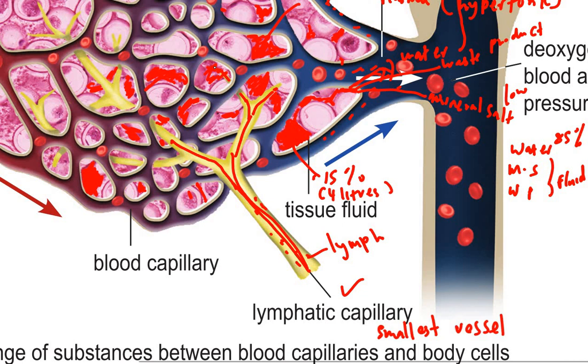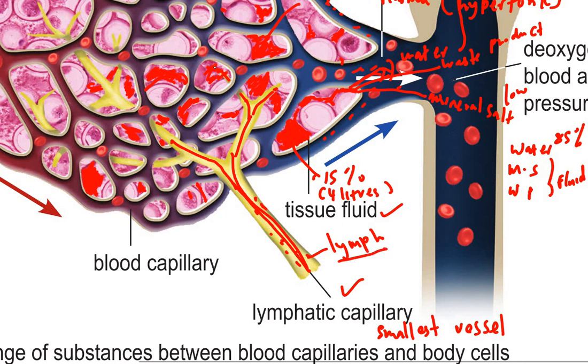So you must know the three fluids inside our body. First, blood plasma. Then blood plasma will diffuse into the space to produce the tissue fluid, and then the 85% will be absorbed back to the venule and then to the blood circulatory system. But the 15% here will be collected back by the lymphatic capillary as lymph.